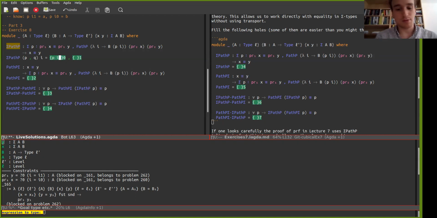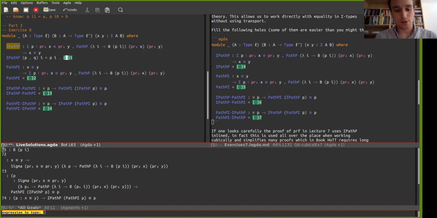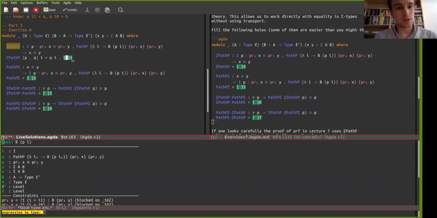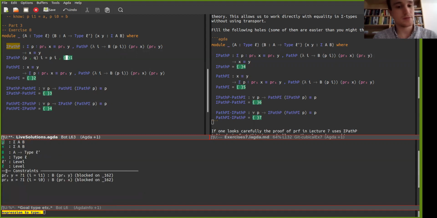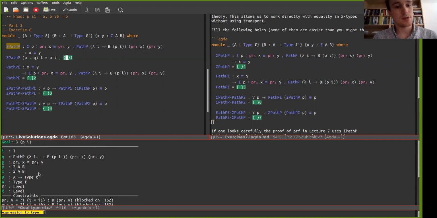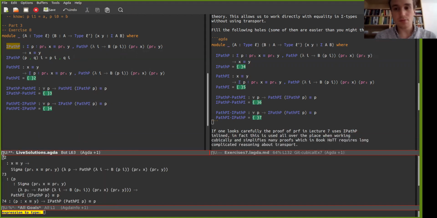So this should just be P of I. And now something of this dependent type, B of P of I, such that these things hold, but this will just be Q of I. So easy enough.